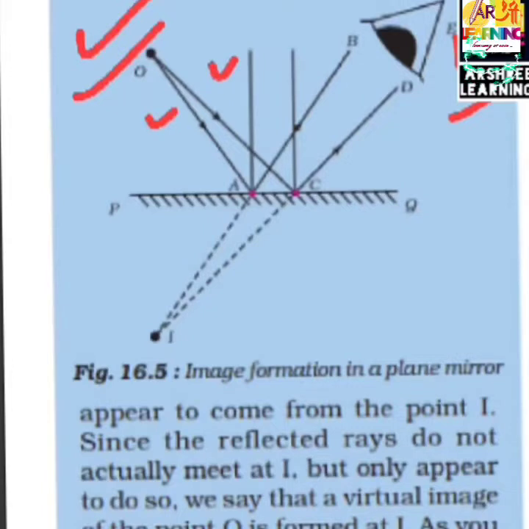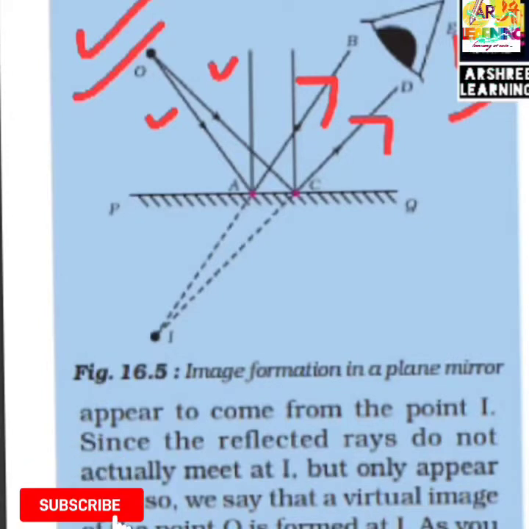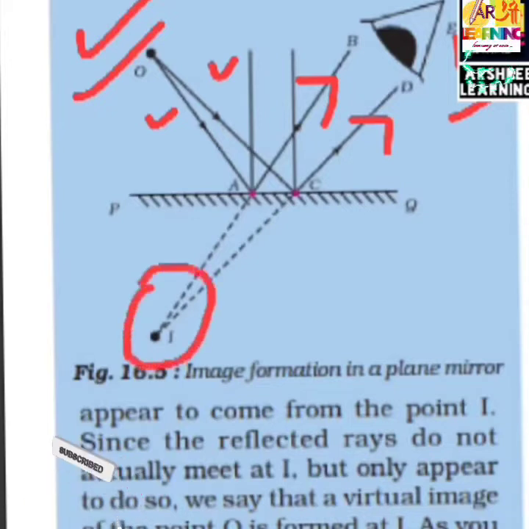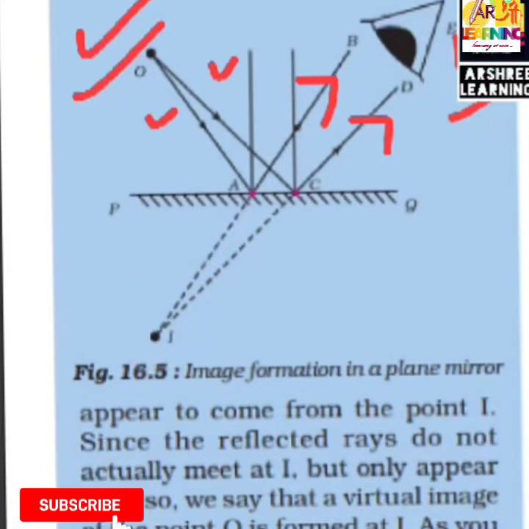The two rays of light go and are reflected by the mirror. They are sent back to the eyes, and when you see the object, these rays of light appear to meet behind the mirror, and here the object's image is formed. This image is formed at the same distance behind the mirror.